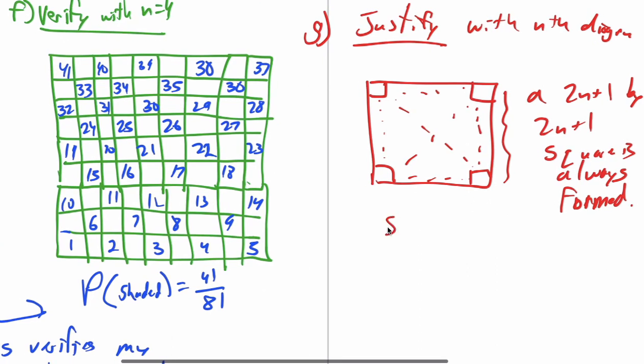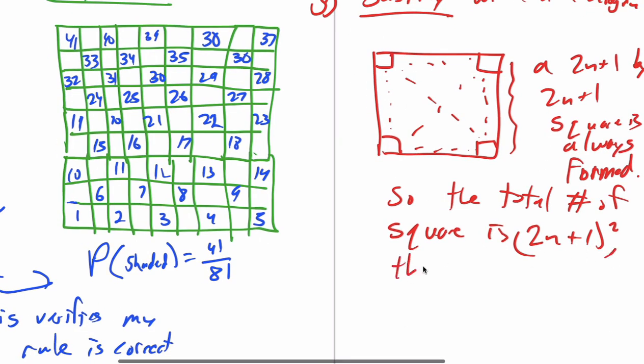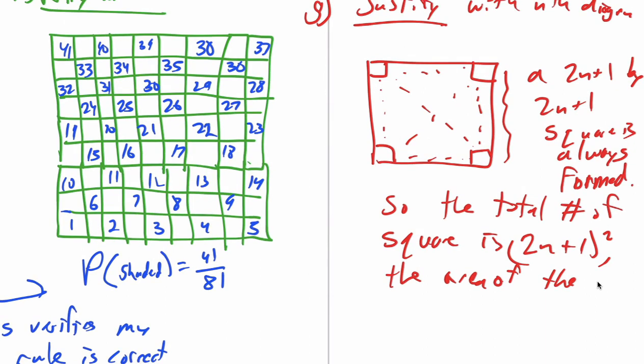So the total number of squares is 2n plus 1 squared, which is the area of the whole grid.